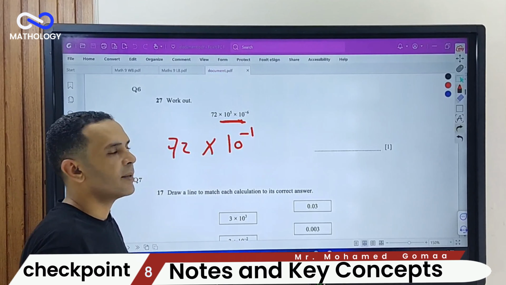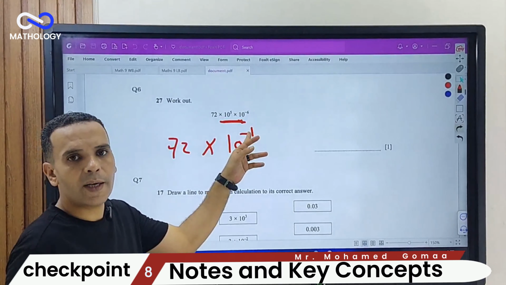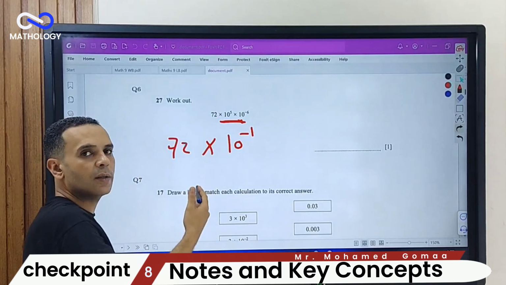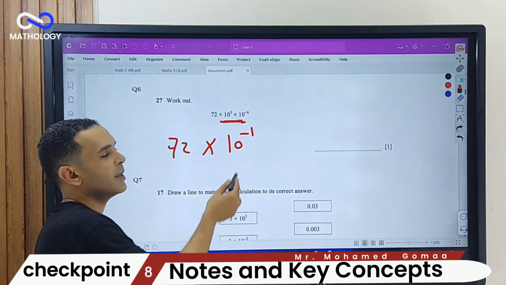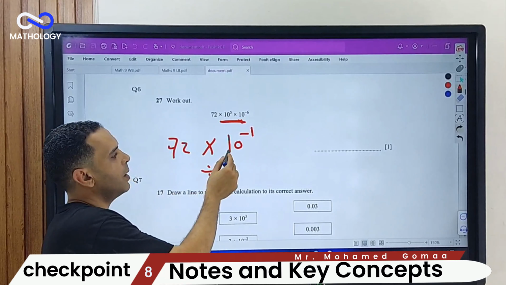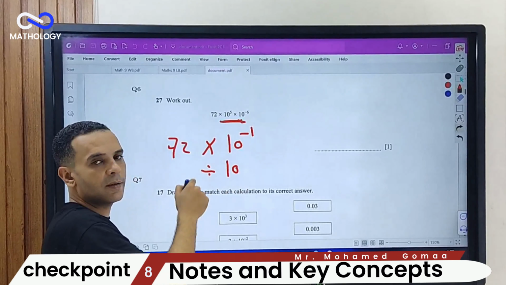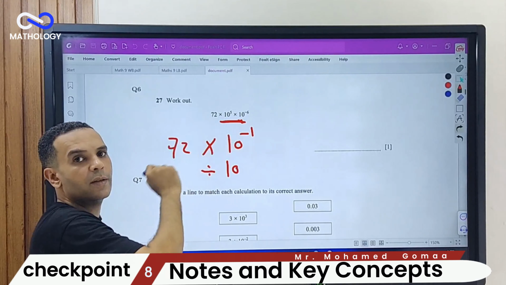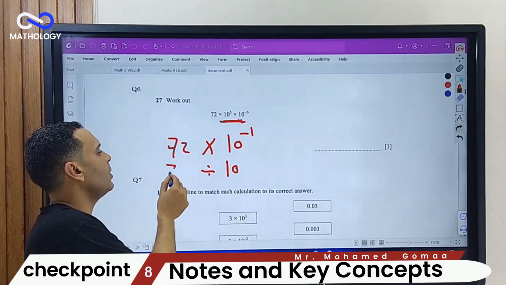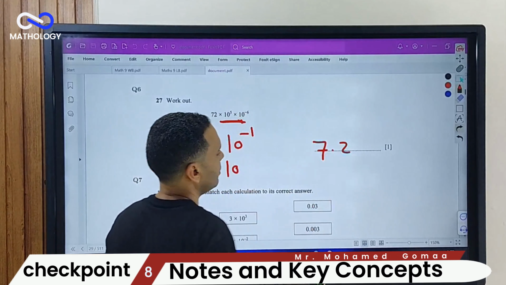Remember, as I said before, when you see 10 raised to a negative power, change the operation before the 10. It will be divide instead of multiplication. And instead of 10 power negative 1, it will be 10 power 1. Change the sign of the operation and change the sign of the power. It will be 72 divided by 10. It will be 7.2. Like this one.